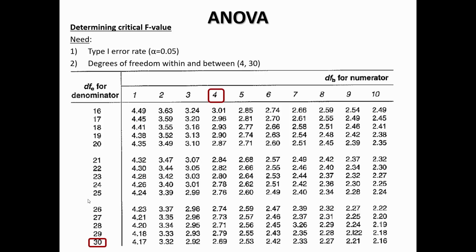We had 35 total participants minus 5 groups, and that gives us 30. And we find on the table where those two intersect. They intersect at a value of 2.69. That's our critical threshold value to evaluate the F value from our data.